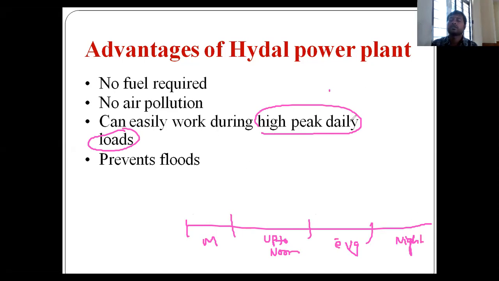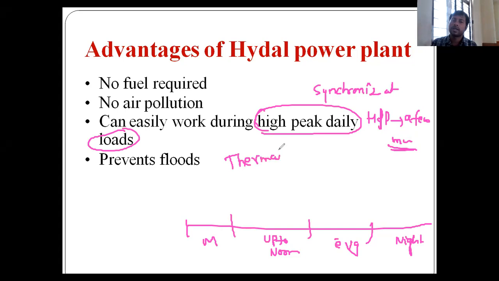Now synchronization: for synchronization, a hydro power plant generator takes a few minutes. If you stop any hydro power plant and start it again, it takes only a few minutes, so whenever power is needed at peak time, the hydro power plant can be instantly utilized for peak loads.